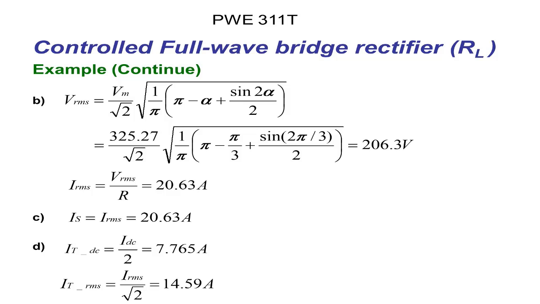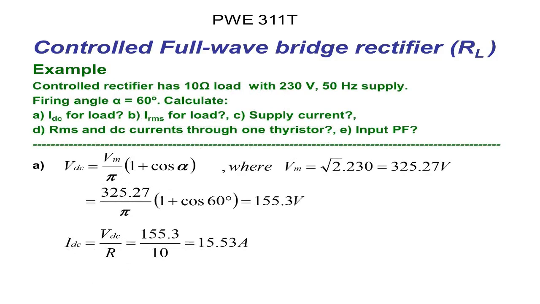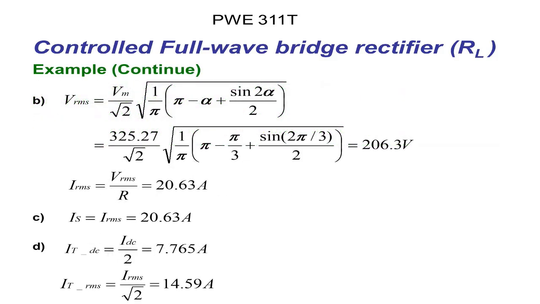And V peak is 325.27, so we divide that by root 2. Remember we calculated the V peak here, we multiply 230 by root 2. So when we substitute, you get VRMS to be 206.3.